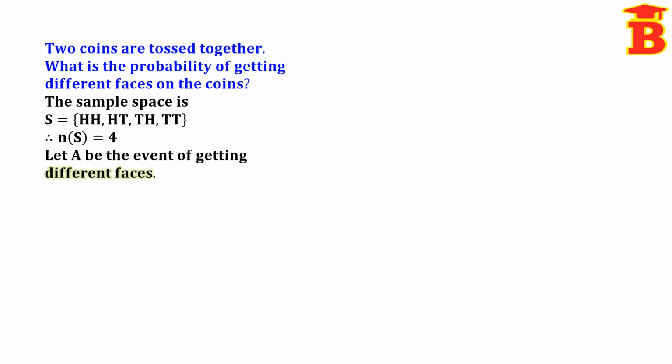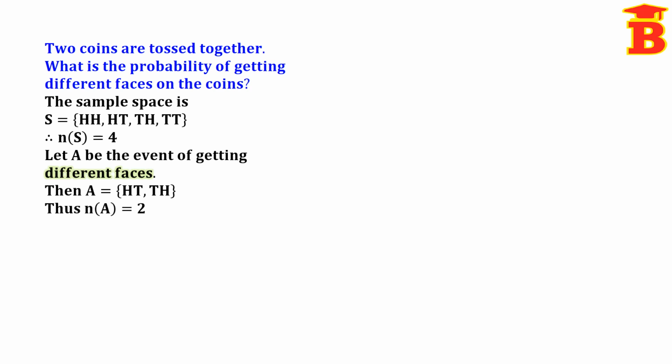Let A be the event of getting different faces. The question is, we have to find the probability of getting different faces. Different faces means if one coin is head, then the other coin is tail. So we get the possibility A equal to HT, TH. If first coin is head, then second coin tail. If first coin is tail, then the second coin is head.